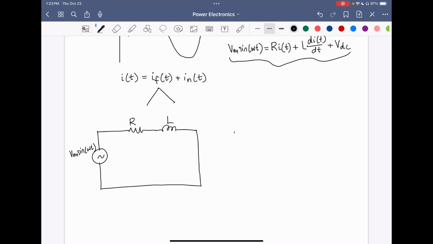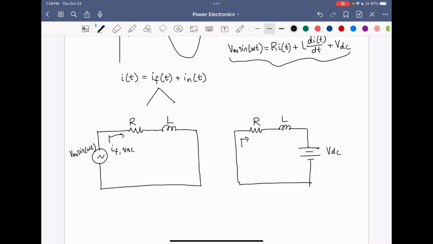In the second case, we're going to zero out the AC source, but keep the DC source. Let's call this current i forced VAC, and let's call this current i forced VDC. So the forced response is made up of the superposition of these two currents.